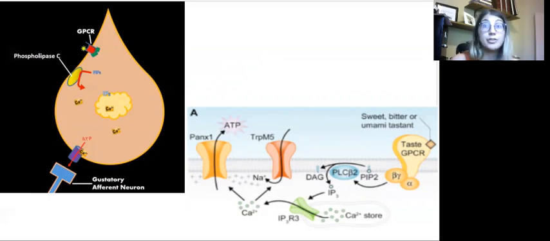It's this yellow diamond here on the right. This is going to bind to a GPCR, a G protein coupled receptor. These are the primary receptors of interest, and particularly it's thought to be a shorter form of mGluR4.